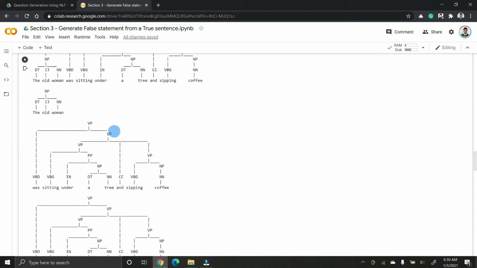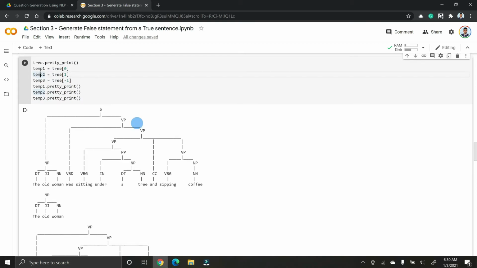If you print out the first element, you get back just this, which is the subtree under here, and the first element is also the ending element, because here -1 means the last element. So under the whole tree, the first element is this thing, and the second element or the last element is this thing. So here 1 and -1, both temp2 and temp3 will get us back only this tree.